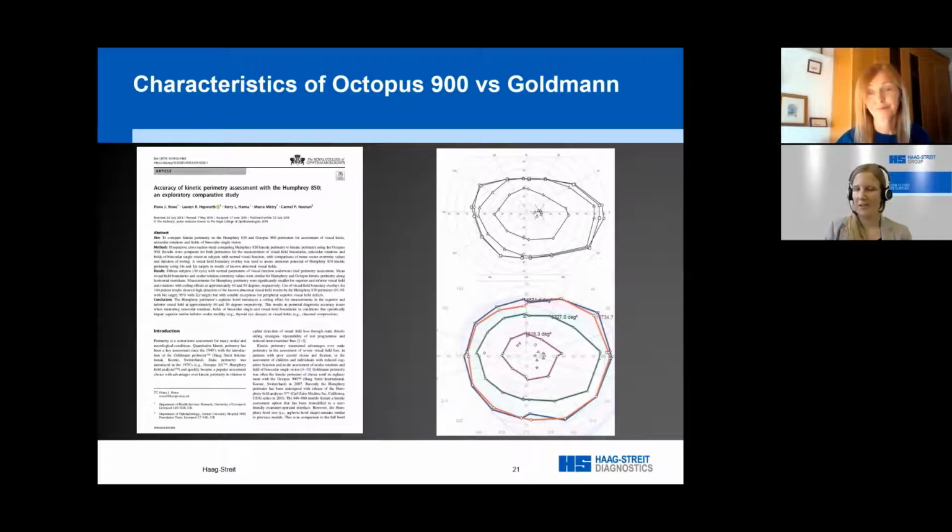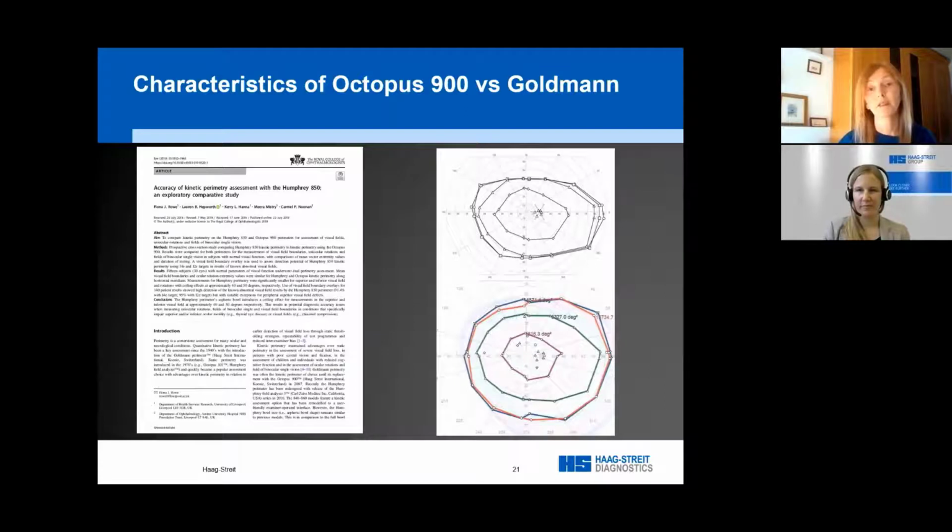And I think you just mentioned ceiling effects. Here's a study you've done comparing, I think, the Goldmann or kinetic with the Humphrey 850 and a kinetic feature. So can you explain the ceiling effect, what you found out in the study? Yeah, so this study was comparing the Octopus 900 with the Humphrey 850.